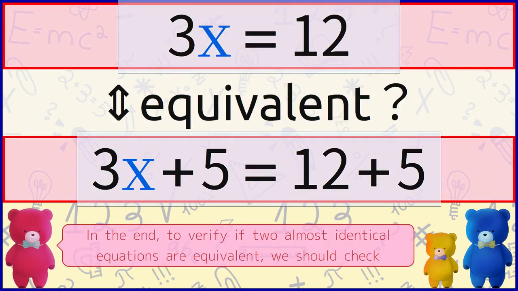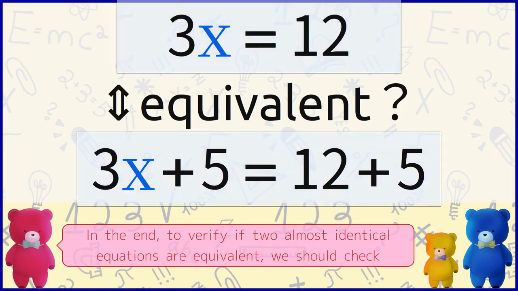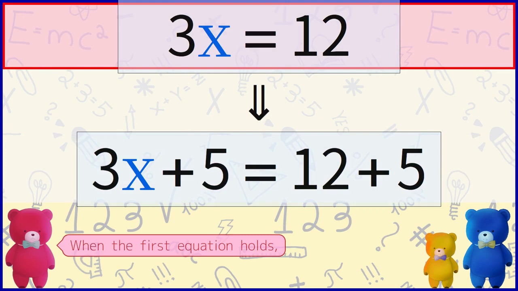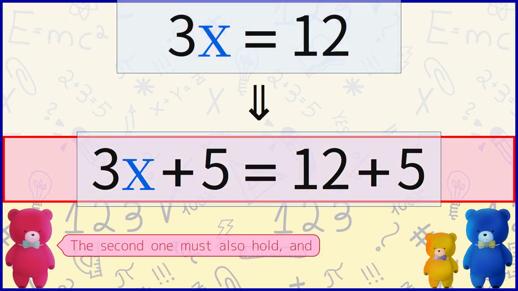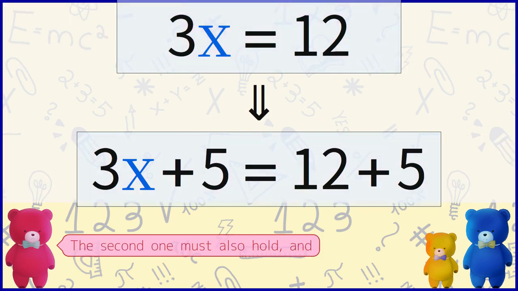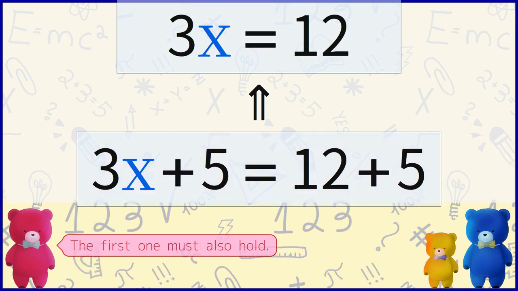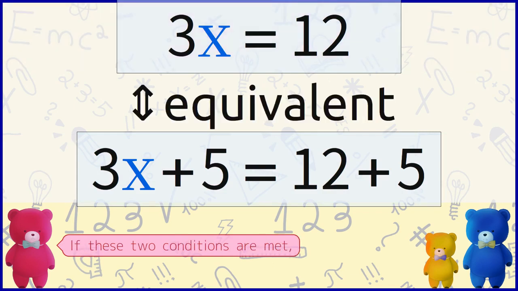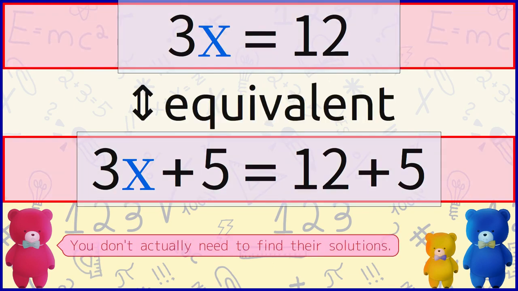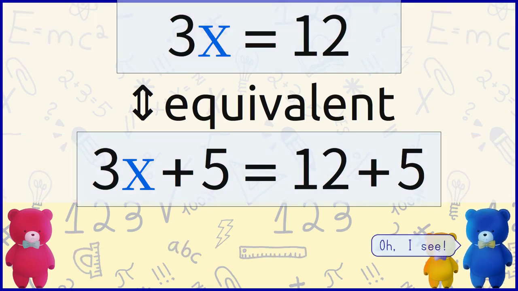And then, to verify if two almost identical equations are equivalent, we should check: when the first equation holds, the second one must also hold, and when the second equation holds, the first one must also hold. If these two conditions are met, you don't actually need to find their solutions. Oh, I see.